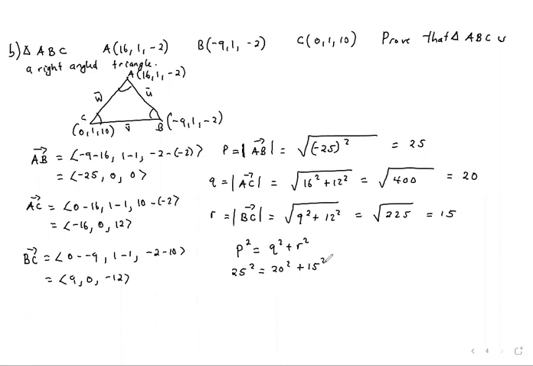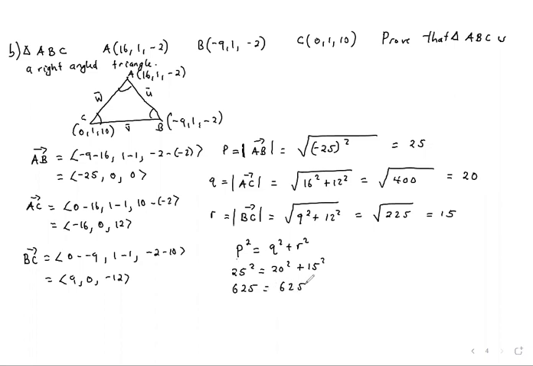Let's see. 25 squared is 625. And then 20 squared plus 15 squared is also 625.